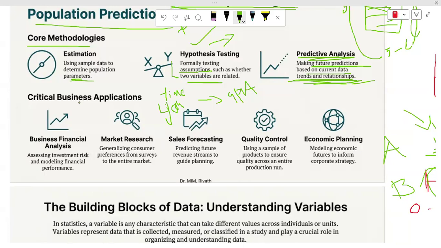Sales forecasting. Right? If you are working in a production department in manufacturing companies, you have to produce sufficient products, ensuring product availability in the market, no shortages. Sales forecasting: how many units you are going to sell in the future. So predicting future revenue streams to guide the planning.